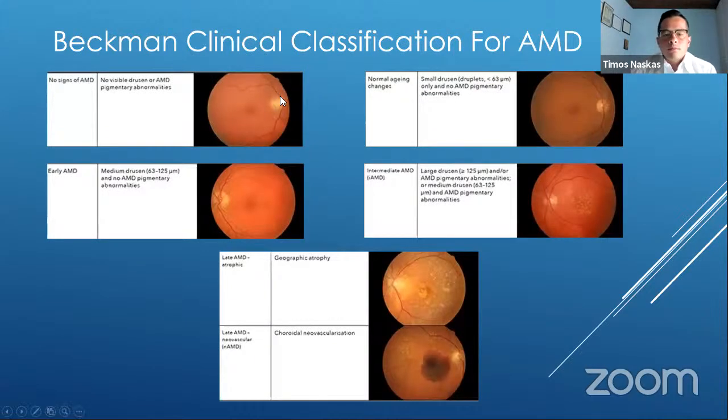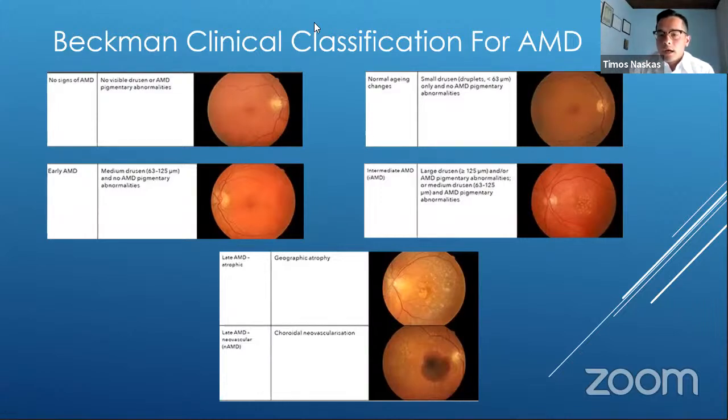So the Beckman system recognizes 5 steps for classifying AMD stages. So from the left, we have a healthy eye. There we find no pigmentary changes at the back of the eye, no drusen development. And according to the Beckman system, that is considered a healthy eye.